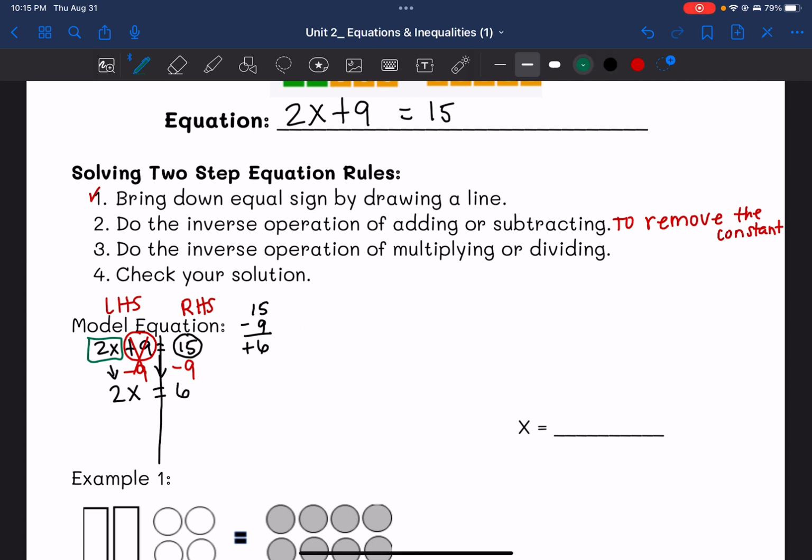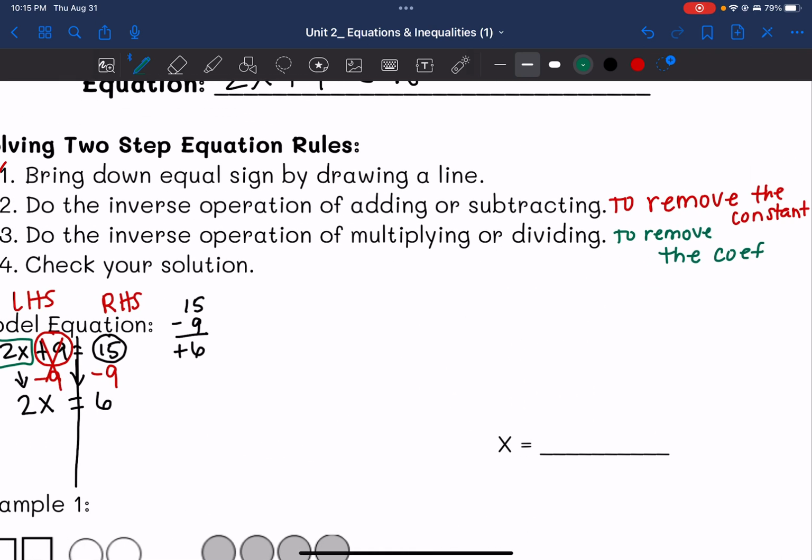All right. Now, we're looking at number 3 in the steps. Do the inverse operation of multiplying and dividing, and we do that to remove the coefficient. Let me see if I have enough space to write it.